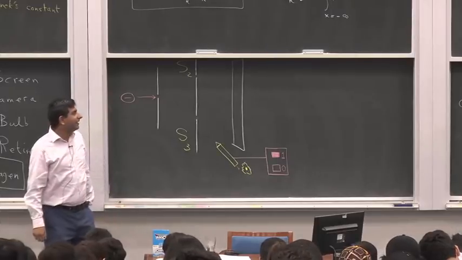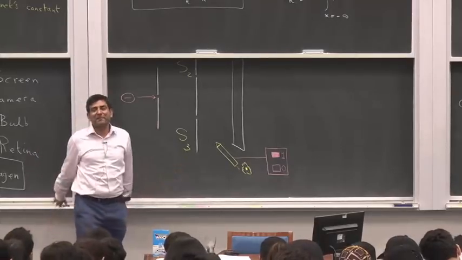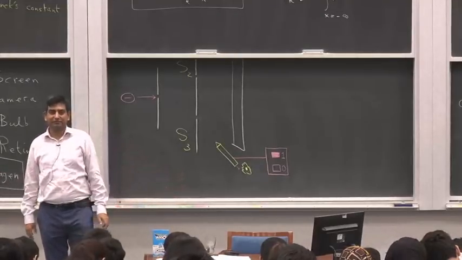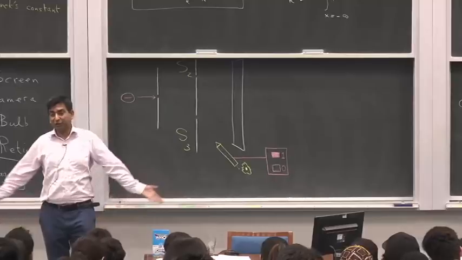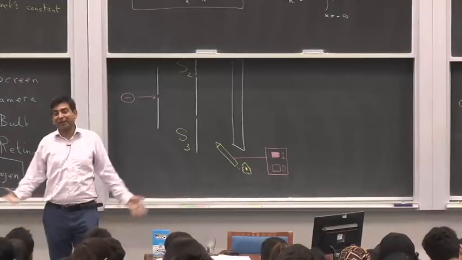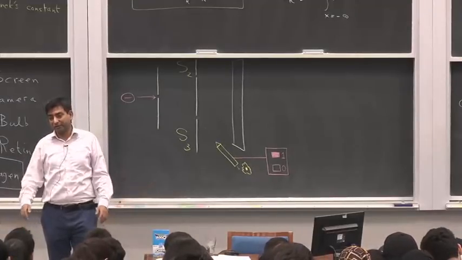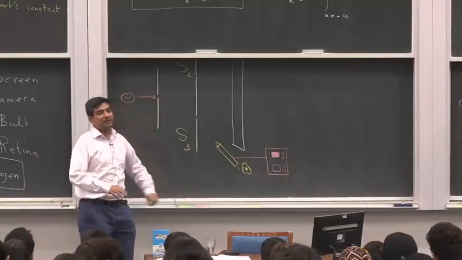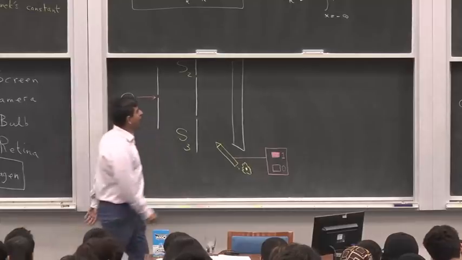Alright? Now the beauty of this experiment is that if the telescope is off, you're not observing, which means you're not observing the path of the electron. You're not trying to be clever and finding out what the path of the electron is. Then you let the experiment run for a certain period of time, you will observe fringes.